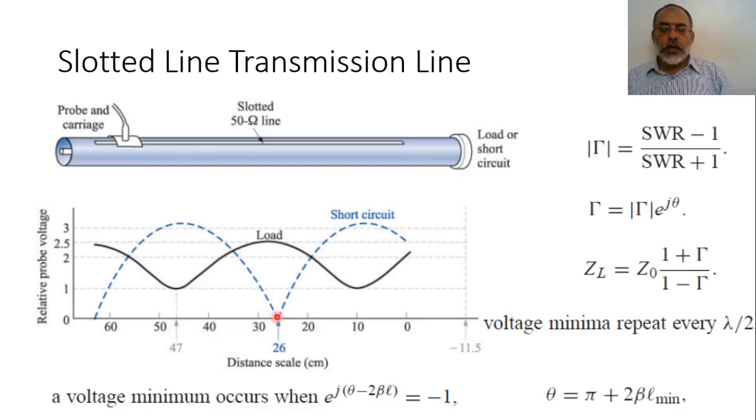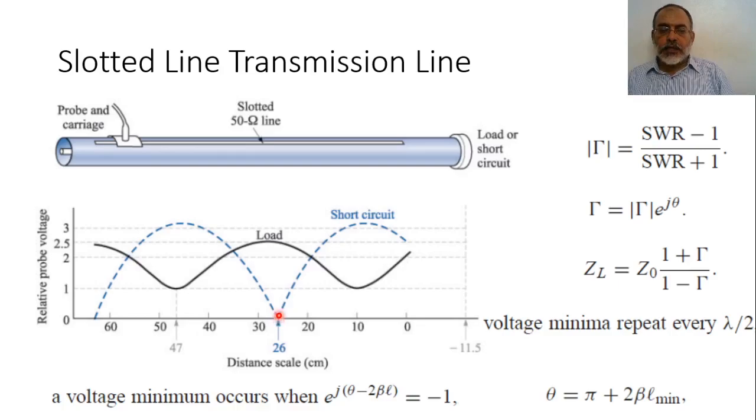is proportional to the angle theta of the reflection coefficient of the load, such that this minimum is related to the phase of the load as e to the power j (theta plus 2 beta L), where L is the distance from the first minimum to the starting point of the slotted transmission line.